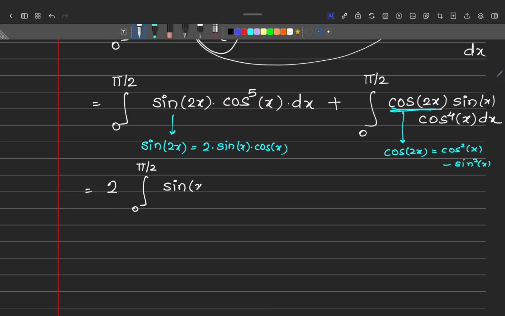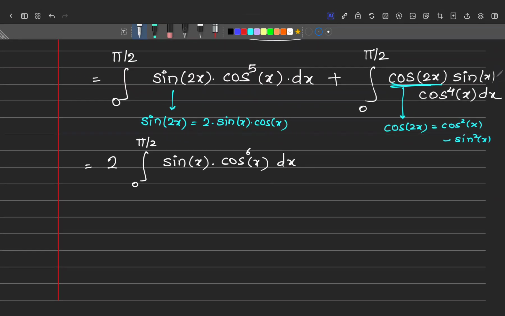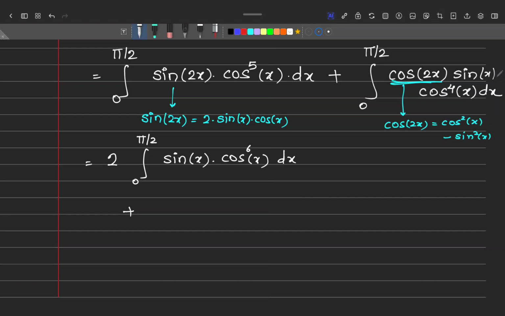This will be sine x into cos x multiplied by cos raised to 5x, which will become cos raised to 6. Then the next integration will be, so integration 0 to pi by 2, we take this first term and multiply by these two. So what do we get?